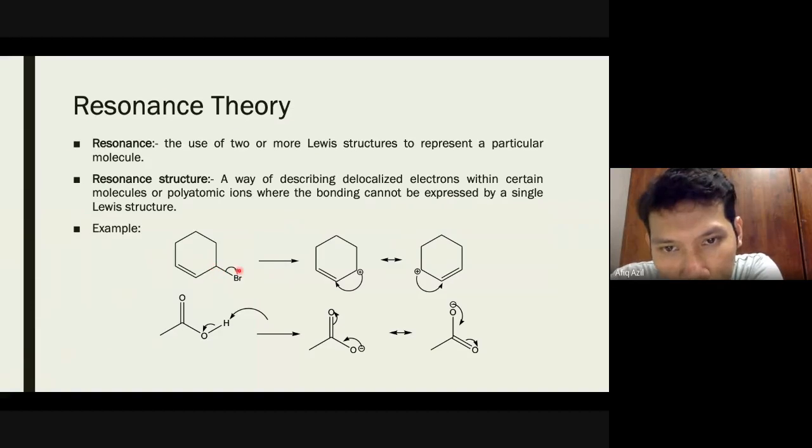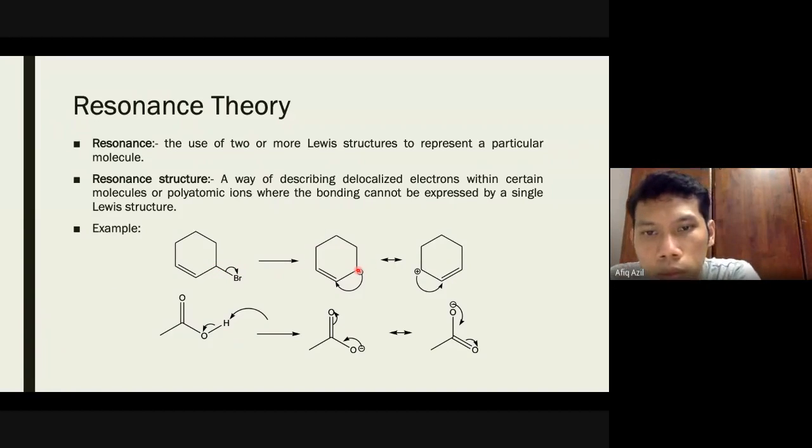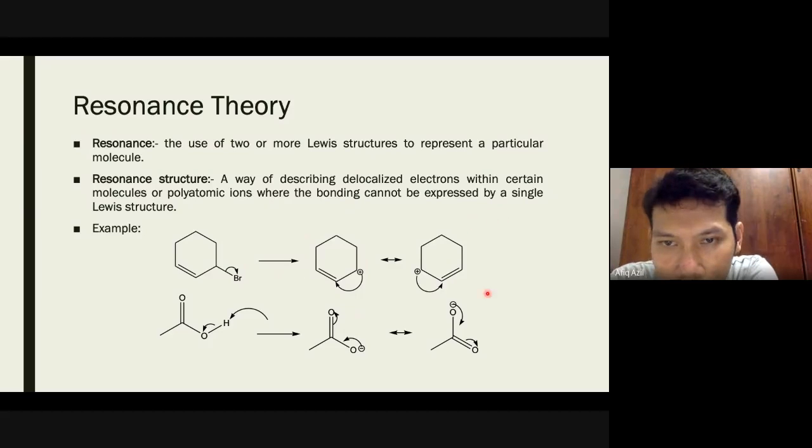This carbon over here will become positive. So this is the intermediate, a carbocation. But over here we have this C double bond C, which is the pi electron. This allows electrons to move, which results in resonance.